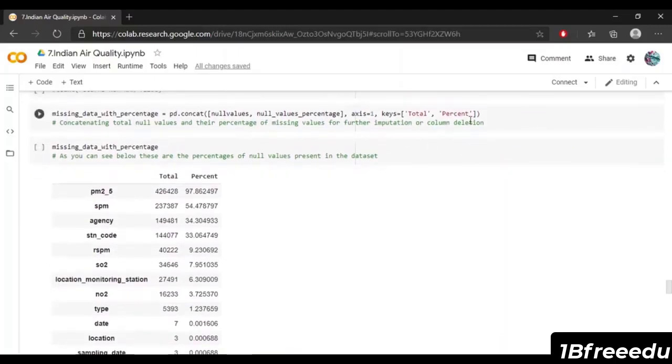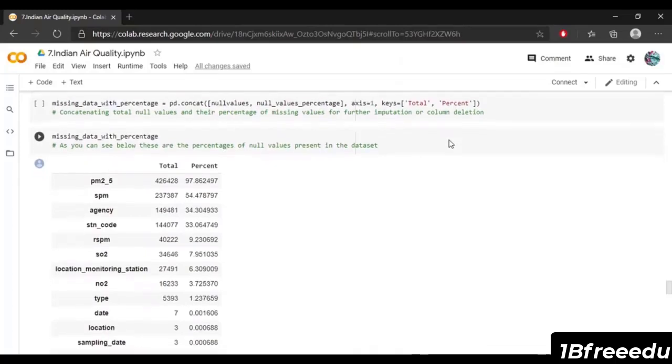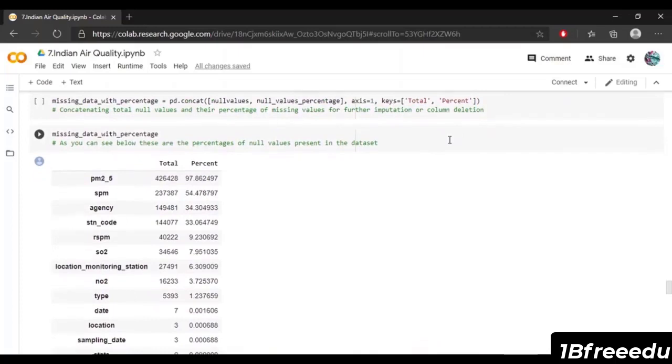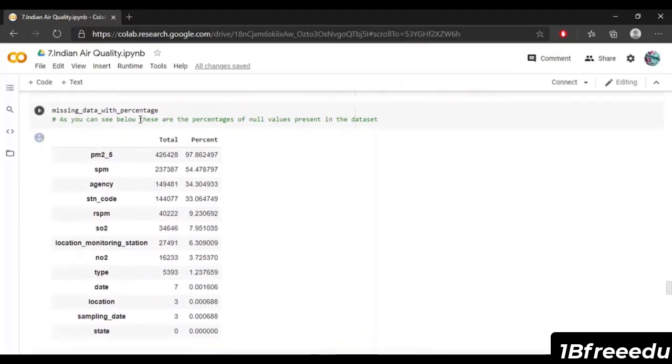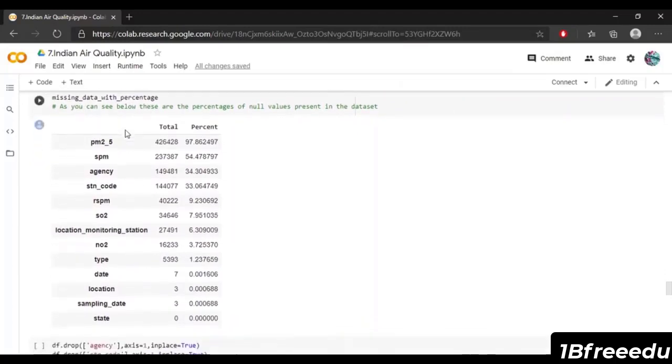So using this, we can check the amount of missing values as well as the percentage of those missing values, and later we can decide if we want to keep that column name or drop the entire column name, or looking at the percentage we can also decide if we want to impute that particular column name. And over here we have displayed the missing data with percentage.